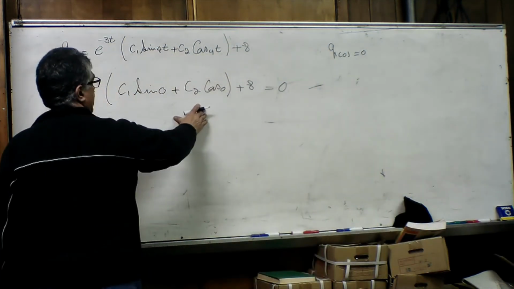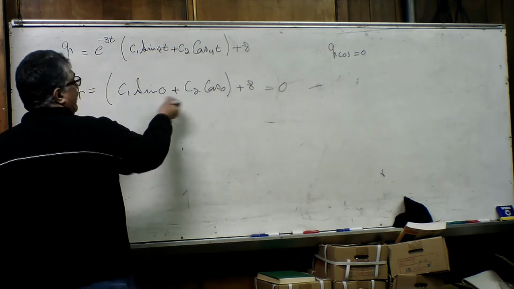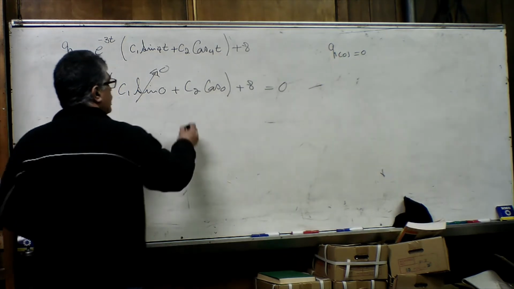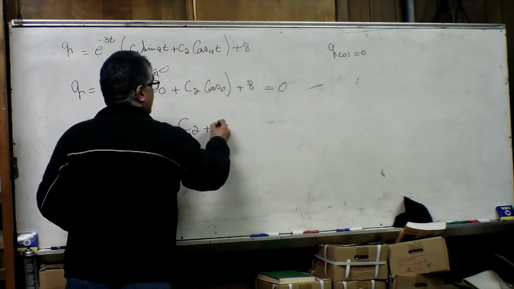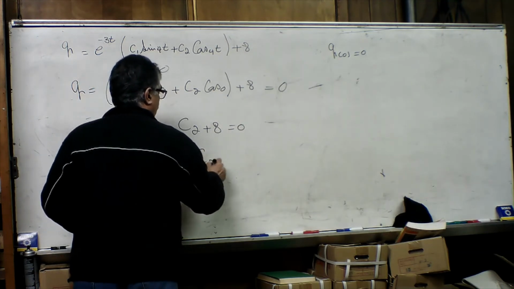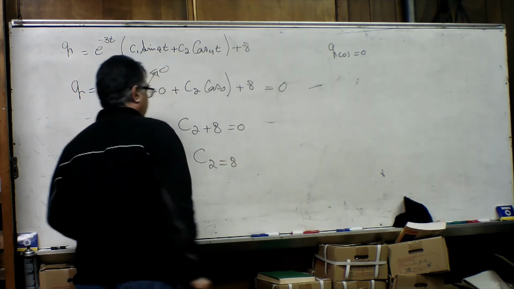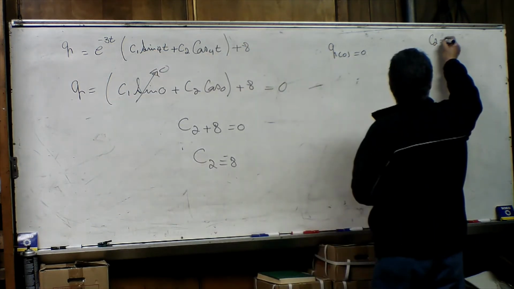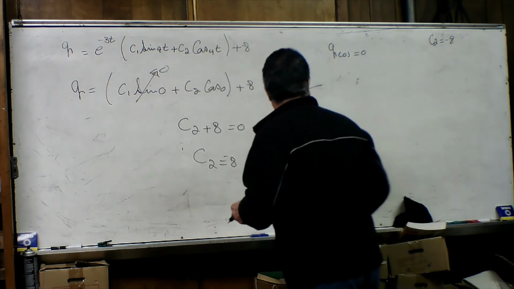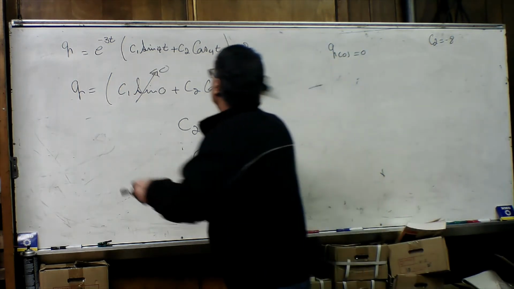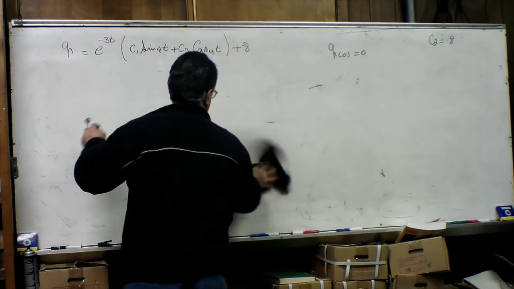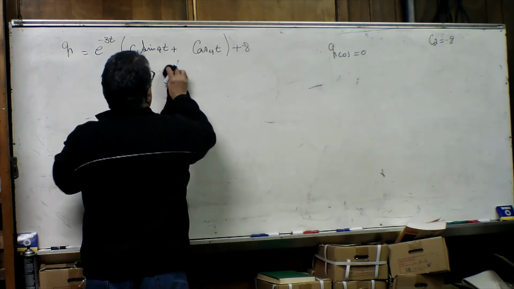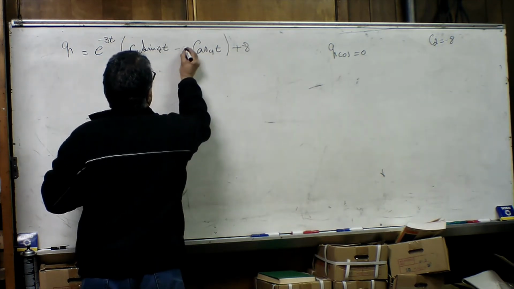So from here, we can see that sine of 0 is 0 and cosine of 0 is 1. So C2 plus 8 will be equal to 0. So our value for C2 will be equal to minus 8.